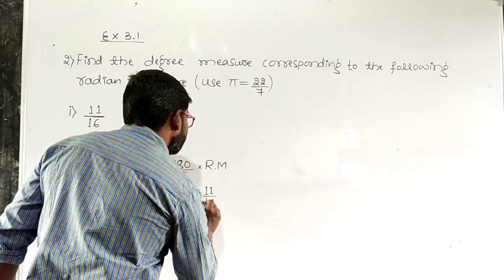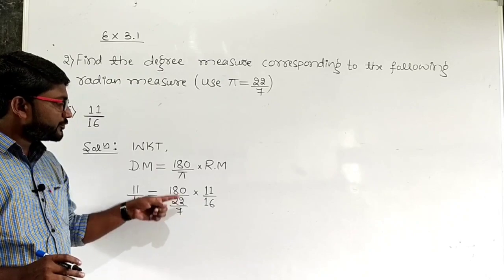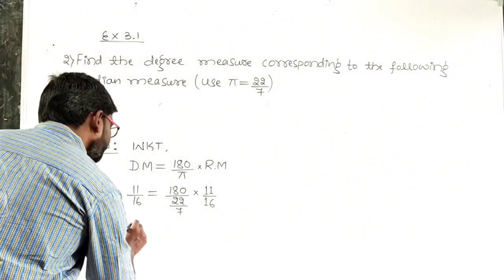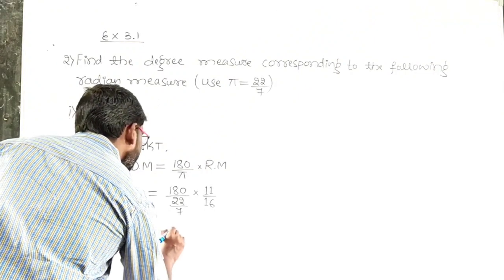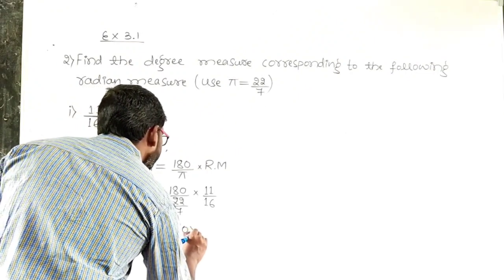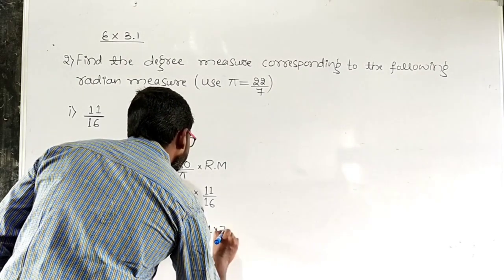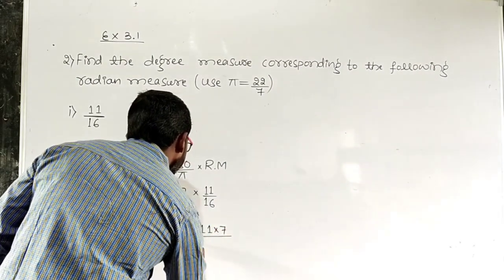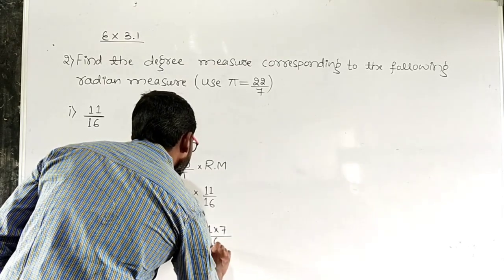11 by 16. So now in the next step, this 7 goes to the numerator. So 11 by 16 equals 180 into 11 into 7 divided by 22 into 16.